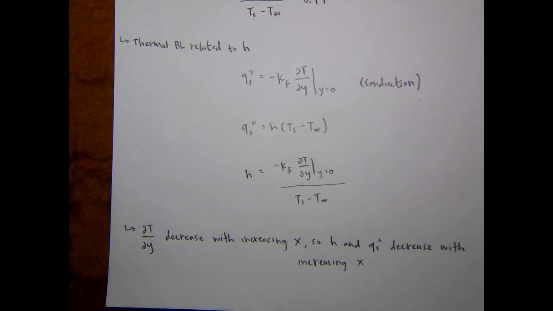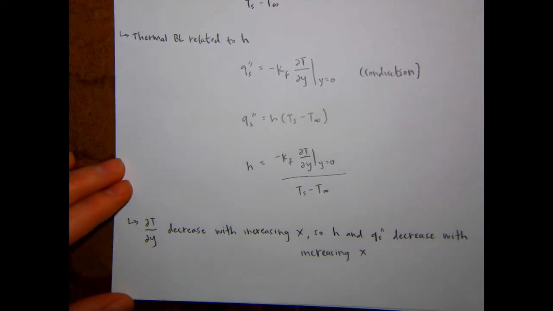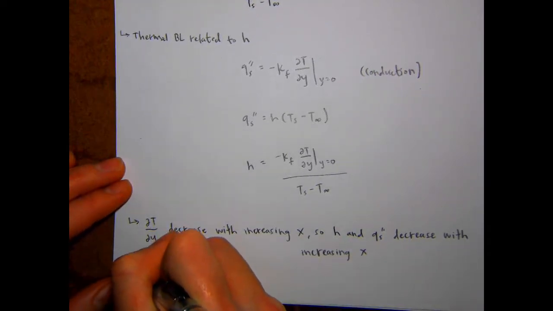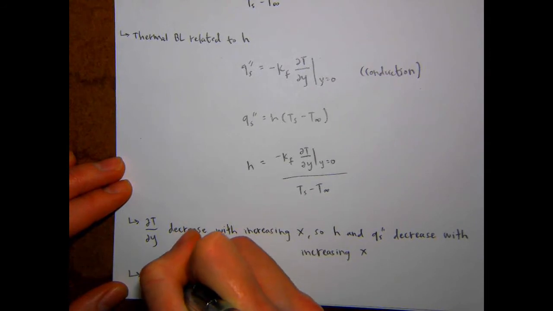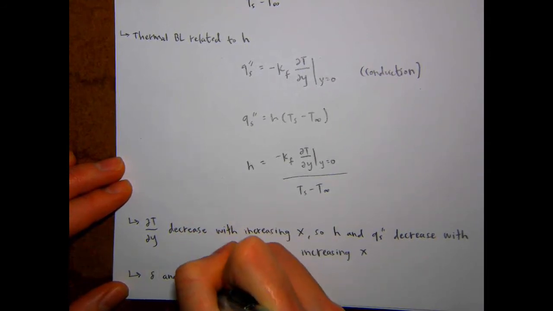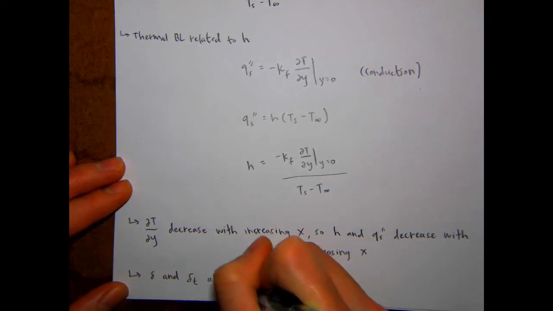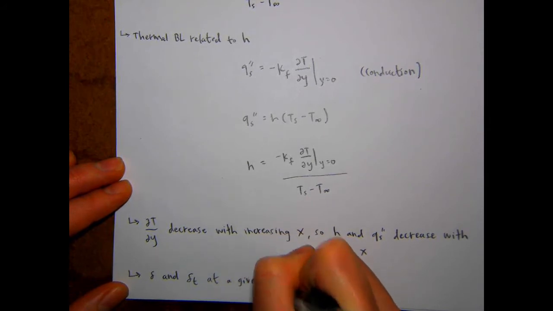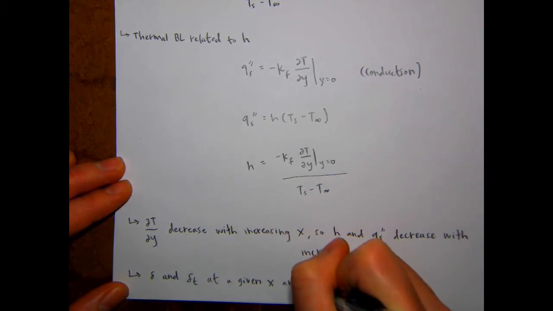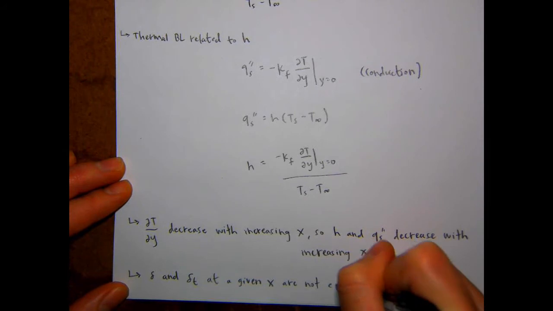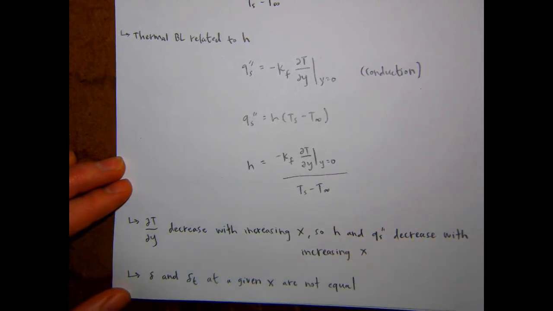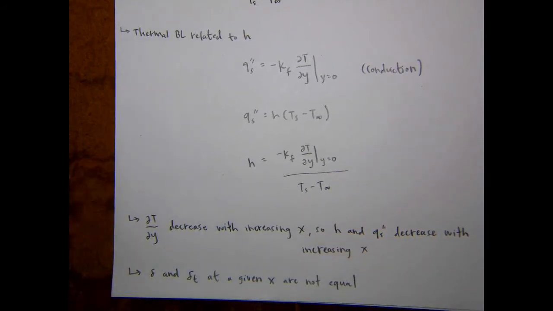So we can say delta and delta sub t at a given x are not equal. And we showed that the thermal boundary layer directly influences the convection coefficient h.